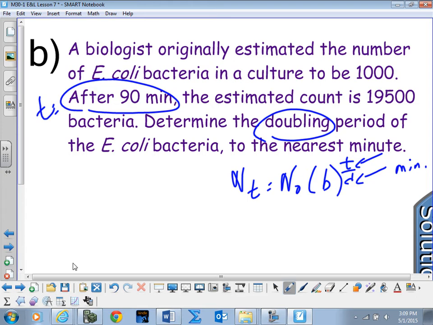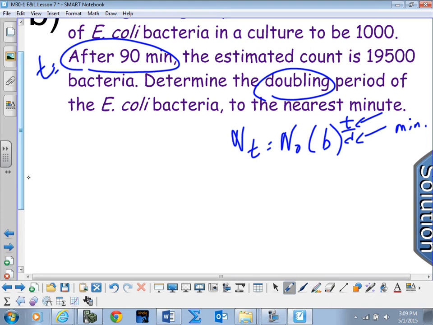So you work through this, and then you can see how I've worked through it. But I know you guys can do this entire question yourself. So the initial is 1,000. 19,500. Doubling. T over D. Well, these numbers look similar to the quiz question that we did. Now again, to solve it algebraically, we're going to use logs, but I would divide by the 1,000.